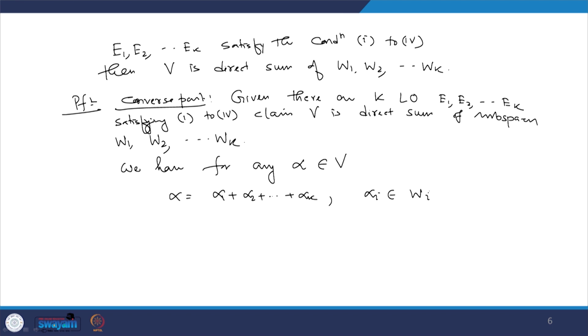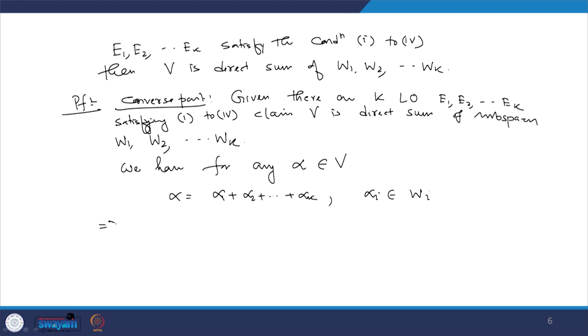So, with Ei as a projection operator, alpha operated on by Ei gives me alpha i, which belongs to Wi. That is why any element alpha in V can be written as alpha 1 plus alpha 2 plus alpha k, a sum of k components.